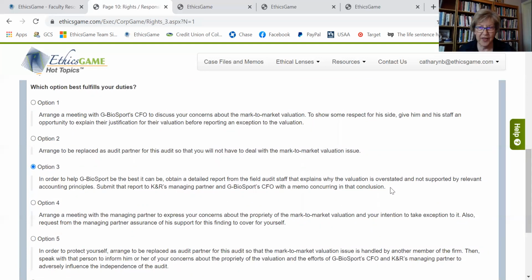This is not what you think is the best, but you will be looking at it from the perspective of the responsibilities lens. What am I supposed to be doing? And these words like showing respect for his side, which happens to be coming out of the results lens, will give you some hints as far as what the best option is.